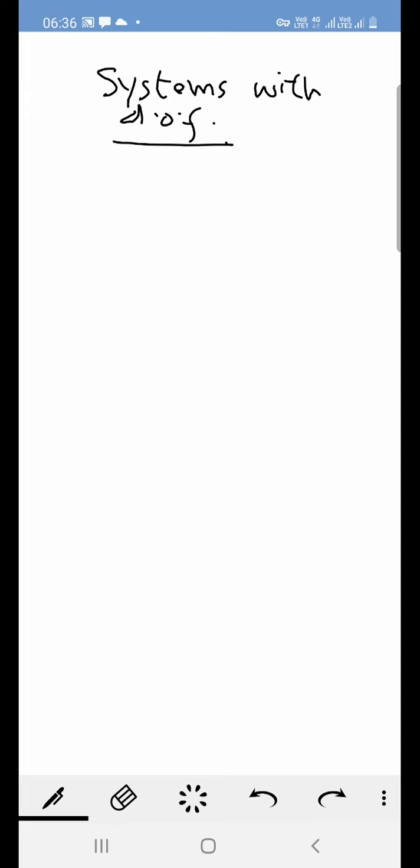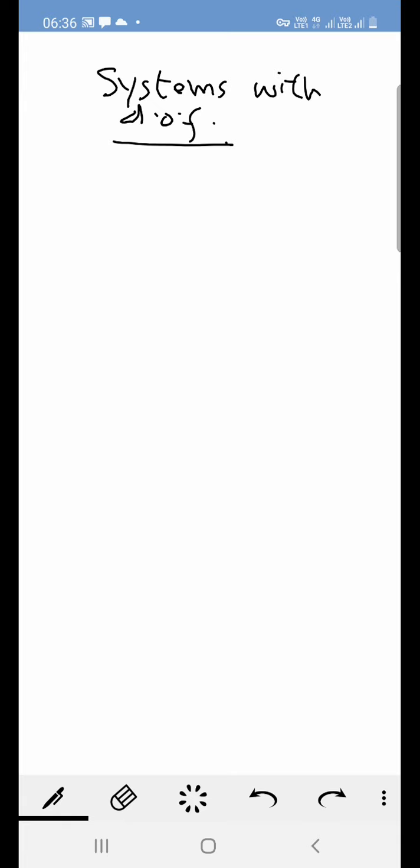Okay, now based upon the small oscillations we'll discuss some systems with degrees of freedom, and what are the normal frequencies involved in these systems.